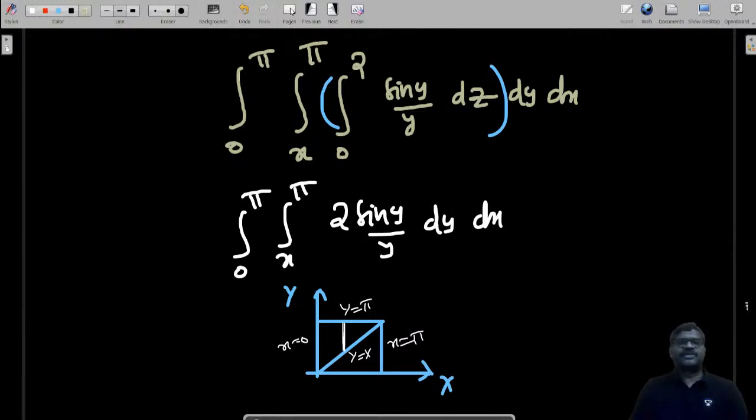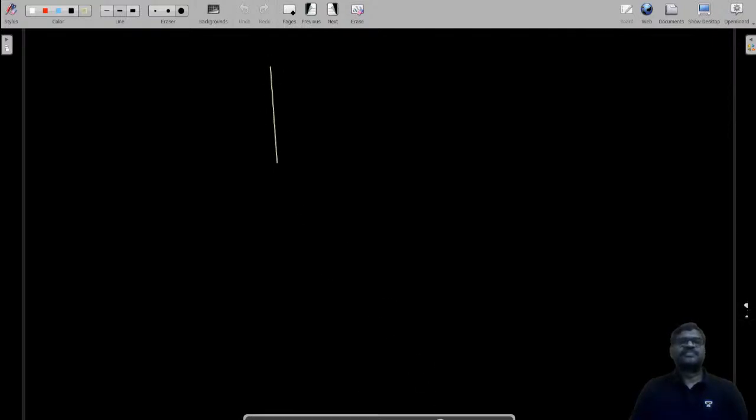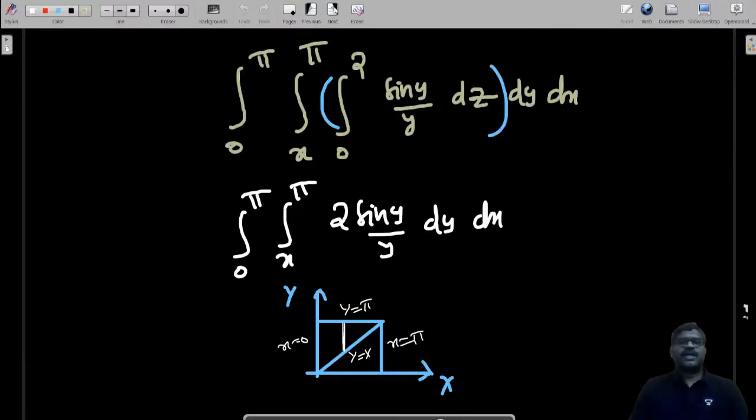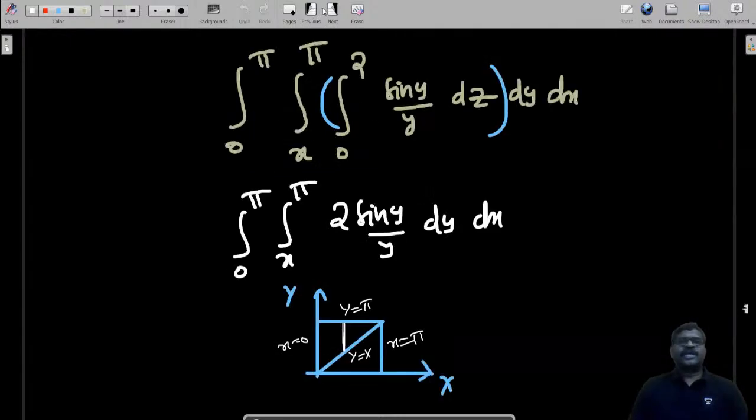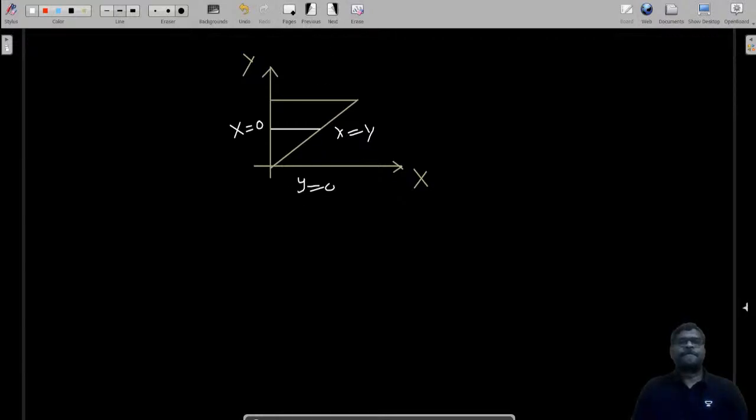Continuation. Change the order. x equal to 0, x equal to y. y equal to 0, y equal to pi.